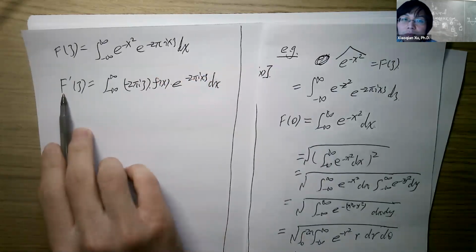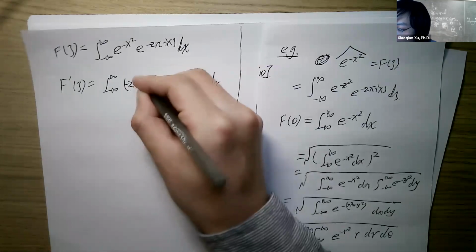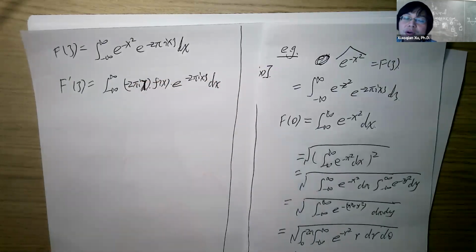The derivative of the Fourier transform equals the Fourier transform of minus 2πix times your function.